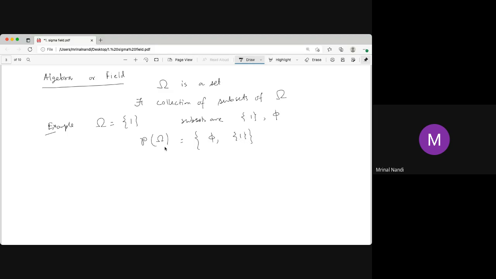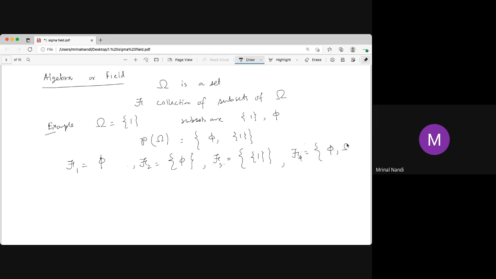So how many collections are there? There are 4 collections. One collection is just phi, with no element. Another collection contains just the set phi. Another contains just the set omega. And another takes both.